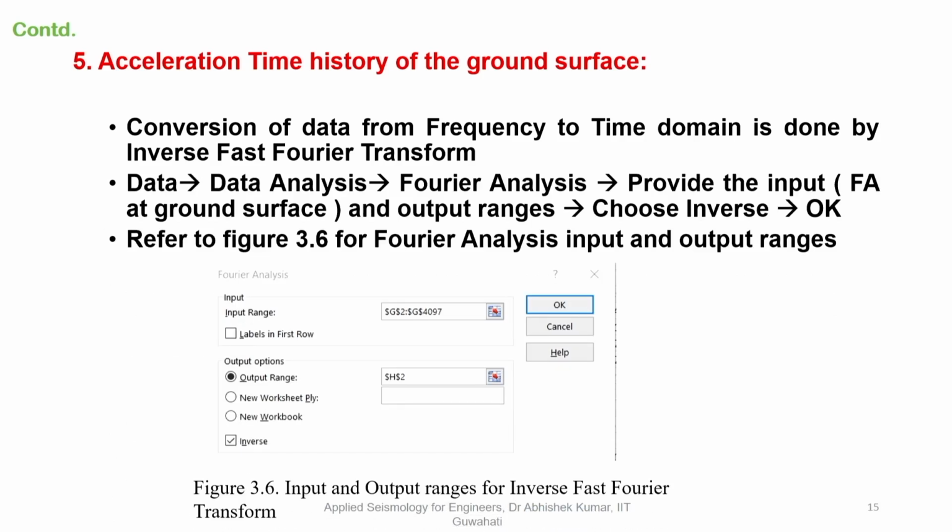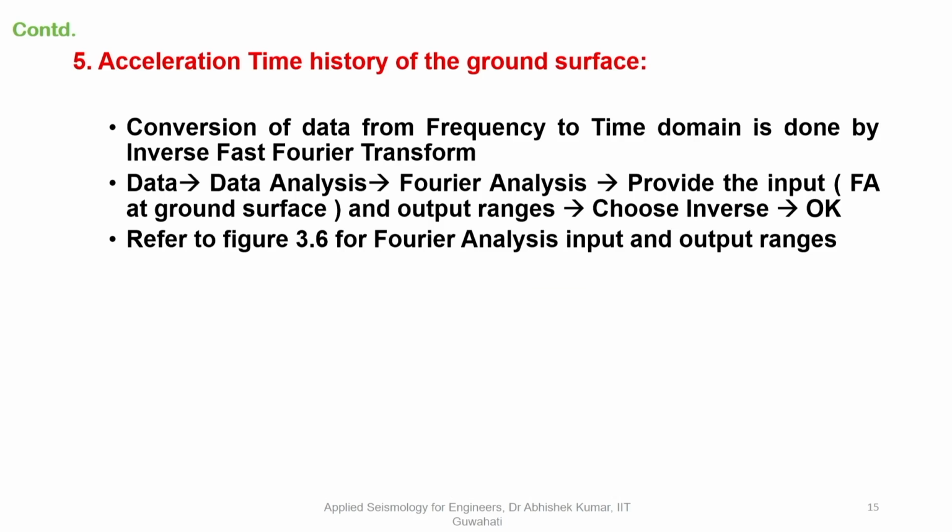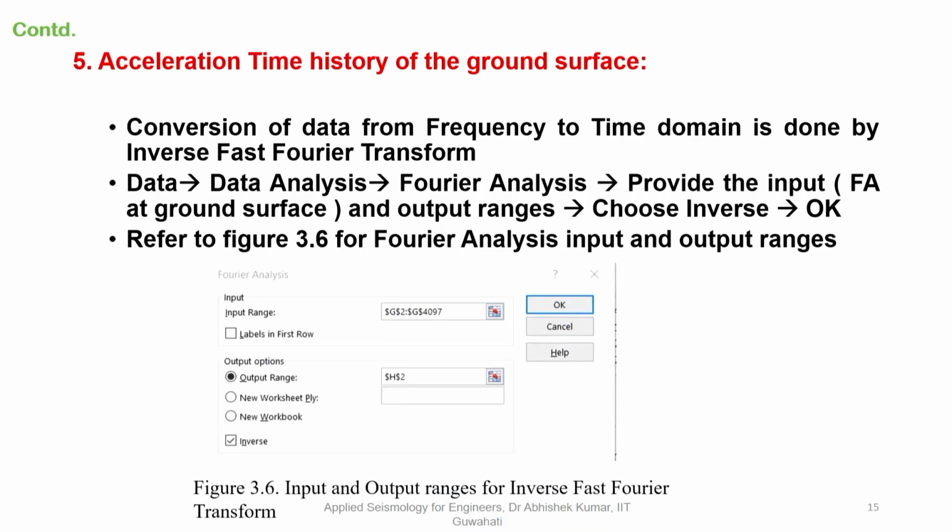So, here you can see you are basically selecting the input value, that means the Fourier amplitude at the ground surface, and then checking inverse. It is going to do inverse fast Fourier transformation and give you the value in time domain, that is acceleration time history values at the ground surface.